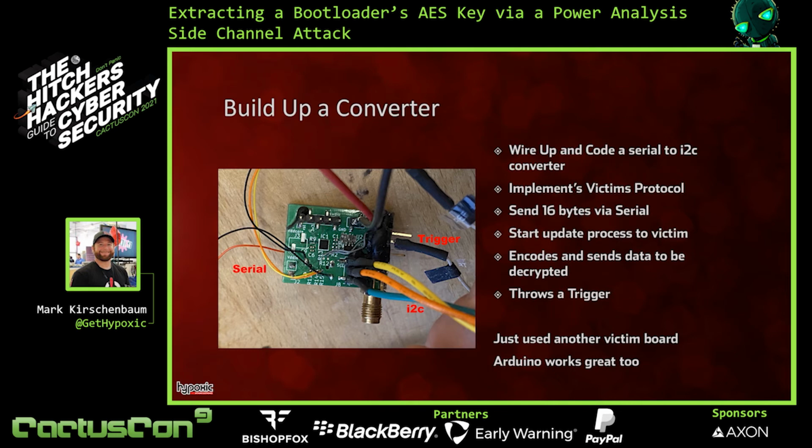We would expand it from 16 bytes to 144 bytes, add on the headers, and send it to the GoPro, the target, the victim, to start the update process and decrypt this data. What was really nice about this is it allowed us also to put a very well-timed trigger and throw a trigger out to our ChipWhisperer and to our oscilloscope to capture the power trace. So if your victim is not necessarily expecting serial data, making a converter like this out of Arduino or whatnot is something I would highly recommend doing.